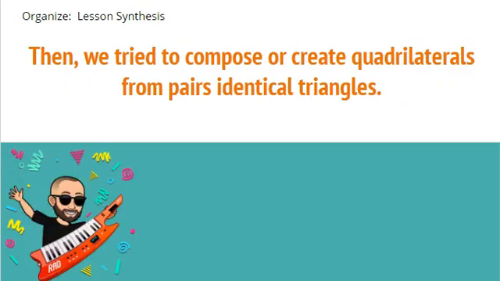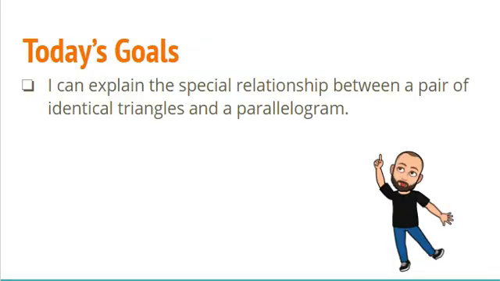We also found that we could put pairs of identical triangles together and make quadrilaterals, and we could also use those same pairs to make parallelograms as well. So today we were talking about how pairs of identical triangles are specially equipped to help us find parallelograms and make parallelograms in different ways.